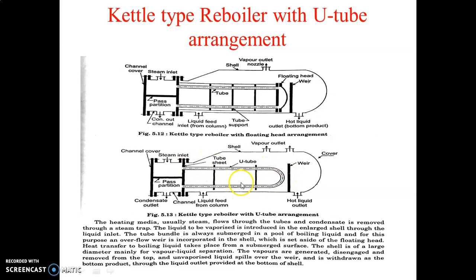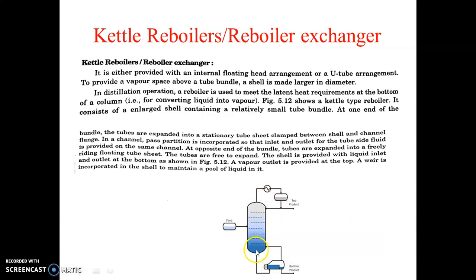here. So in this case, the heating media is generally steam, which flows through the tubes. So here suppose that steam is flowing and it will condense, that means it will give heat to this liquid which is coming from the bottom of the distillation column. So it will come from here, it will go here, and the steam is admitted here.